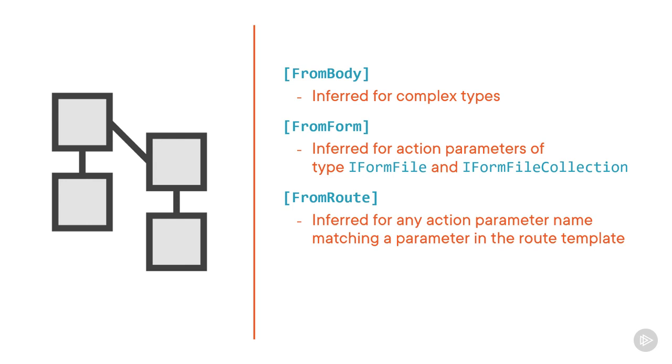When more than one route matches an action parameter, any route value is considered FromRoute. And lastly, FromQuery is inferred for any other action parameters. These rules save us from having to identify binding sources manually by applying attributes to the action parameters. When the default behavior needs to be overridden, binding source attributes can still be applied.